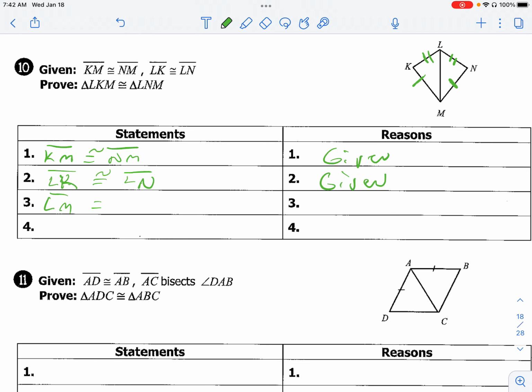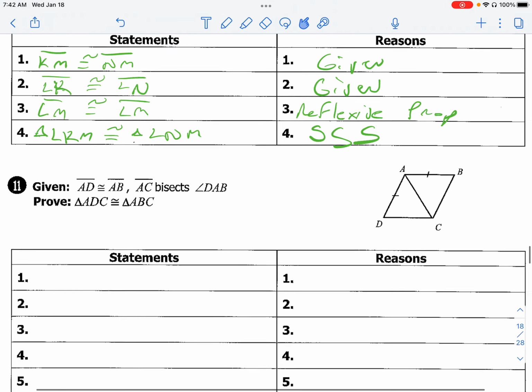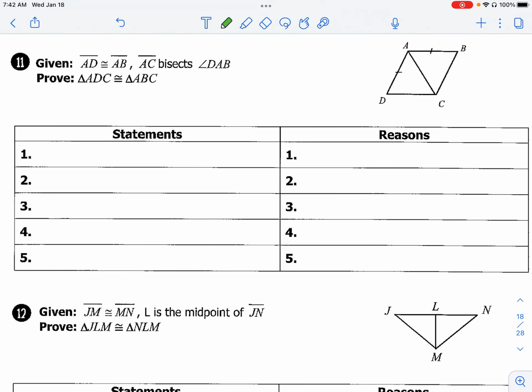So LM is congruent to LM. That is our reflexive property. Something is congruent to itself. So we're going to have by side, side, side, triangle LKM is congruent to triangle LNM. And moving on.